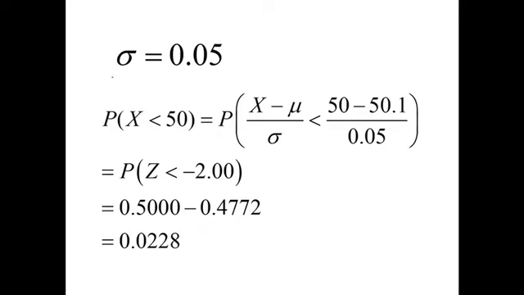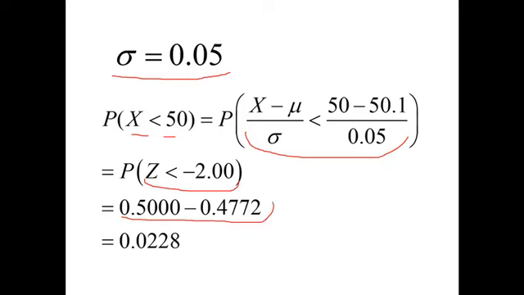We do the calculation first with 0.05. Again, x less than 50, do the z-score. This is saying z is less than -2. It's a thin tail. I do my calculation, and this happens like 0.0228, so a little more than 2% of the time.